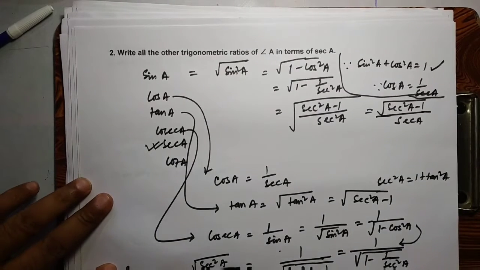So this will be sec A over root of sec square A minus 1.